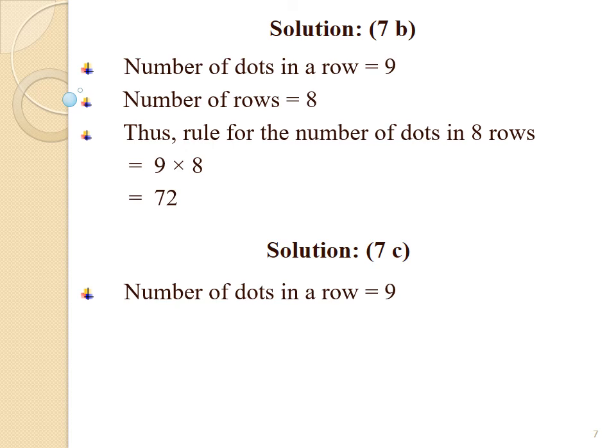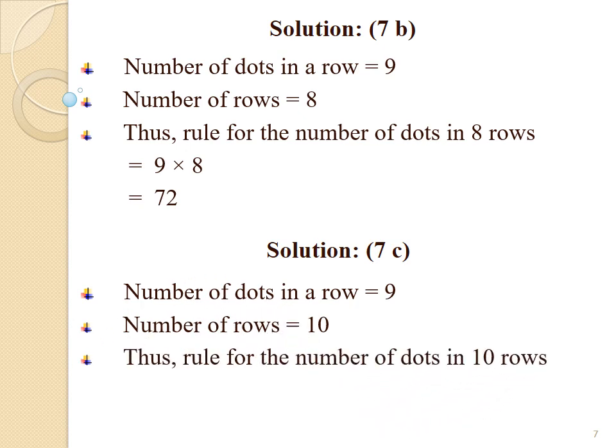Number of rows equals 10. Thus, number of dots in 10 rows equals 9 into 10 equals 90.